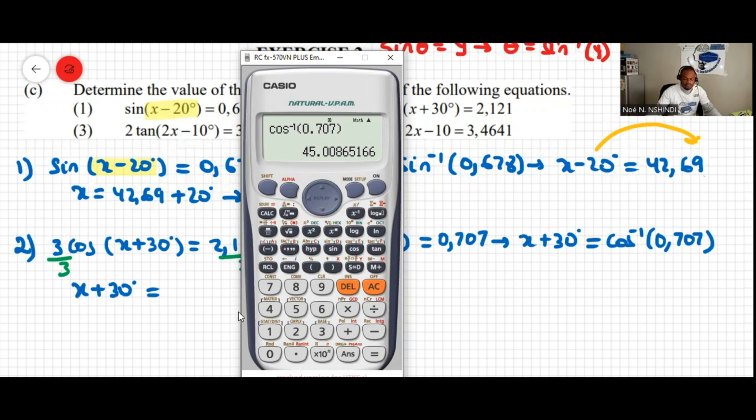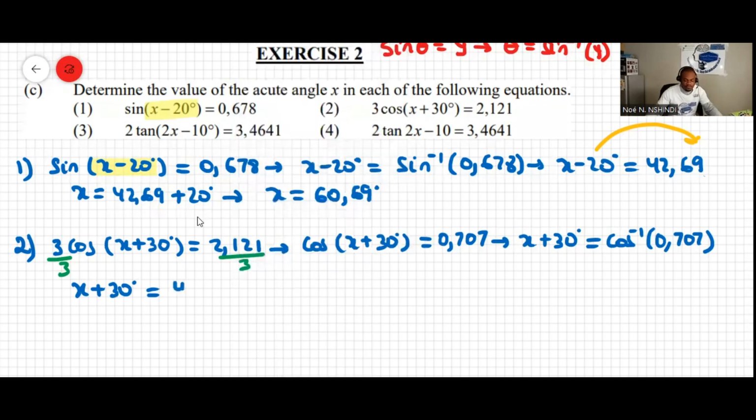I know it's going to be like 45.01, because if I look at the third decimal value, it is 8, and since 8 is more than 5, I will increase the second decimal value, which is 0 here, by 1. That's going to make 45.01. Now if I move 30 over, x will be equal to 45.01 minus 30, and that means x equals 15.01 degrees.